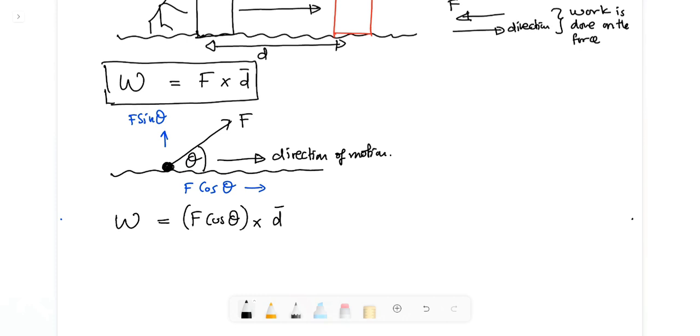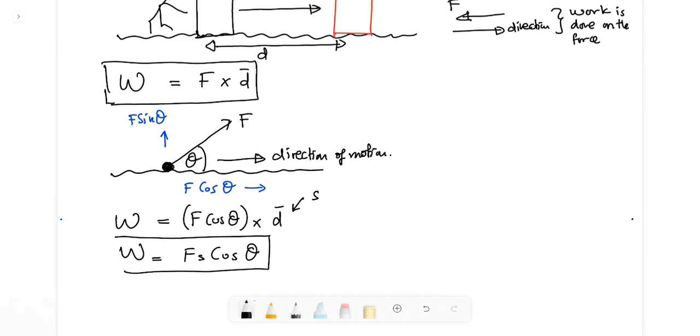So at the end of the day, by the way, someone can use S. Remember, we use S to represent a displacement. So this becomes F S cos theta. Right, this will be work done. All right, so that's how we calculate work done in simple terms.